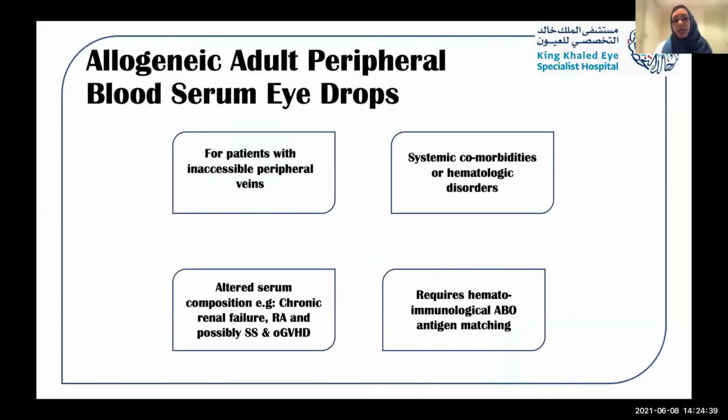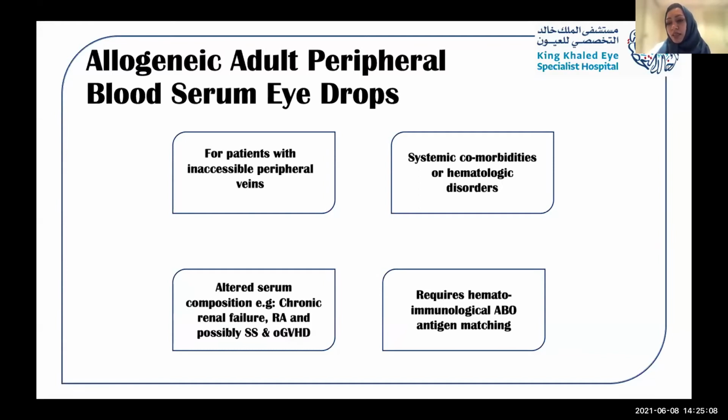In some instances, some patients are not able to give their own serum, like if the patient has no access to their peripheral veins, or they have other systemic comorbidities, bleeding disorders, they're taking anticoagulants, or they have altered serum concentration, like in patients with chronic renal failure. Possibly in Sjogren syndrome and graft versus host disease, they say that they have a different component of their serum.